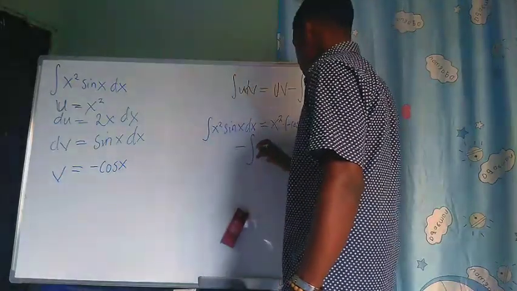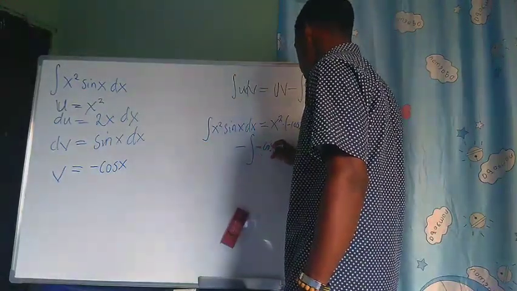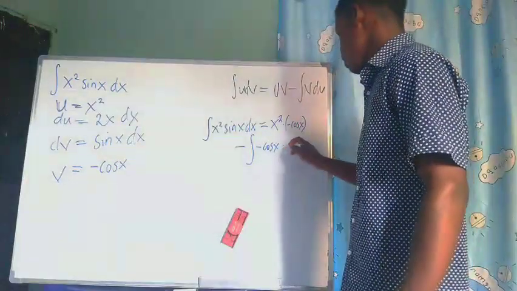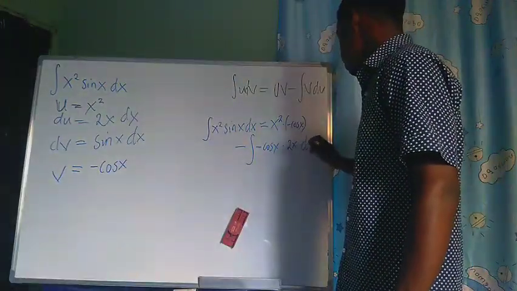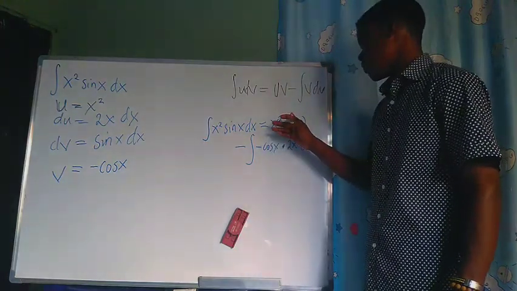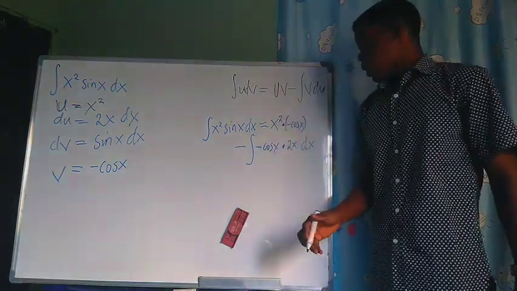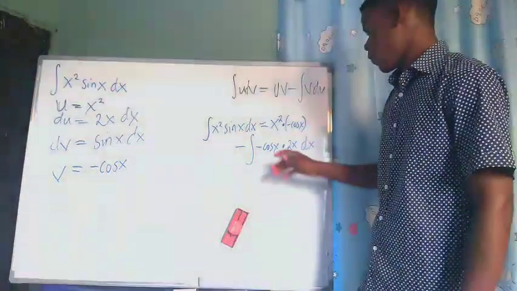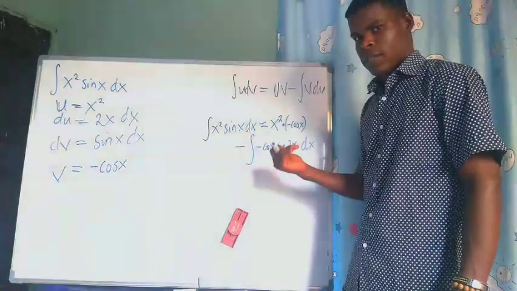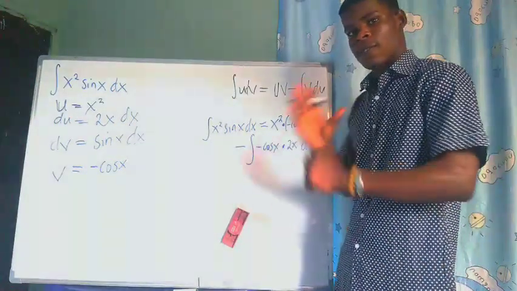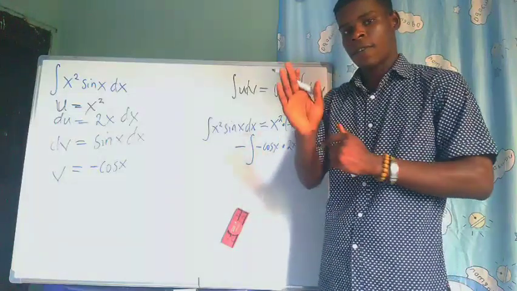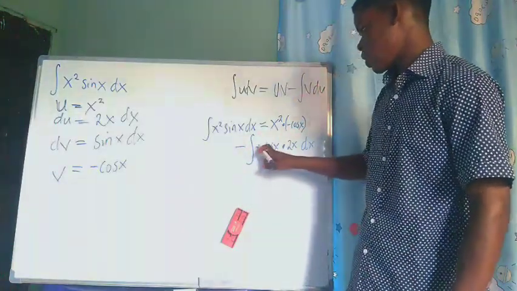V is negative cosine x times du, which is 2x dx. This is times, using dots for that because my x is like the times itself. And now we observe a product. Since 2 is a constant and this negative 1 is also a constant, we can take that to the front of the integration sign. That's it. We're integrating a constant, you can take it to the front of the integration sign. So we're going to take negative 2 out.